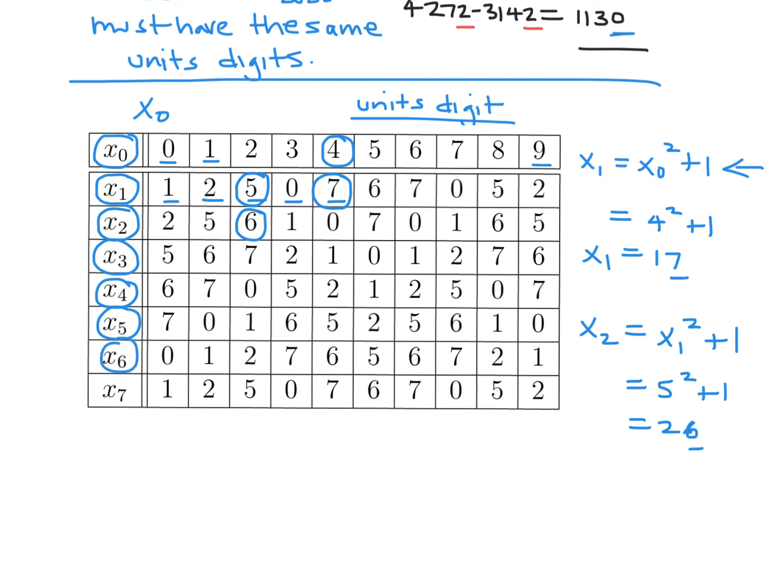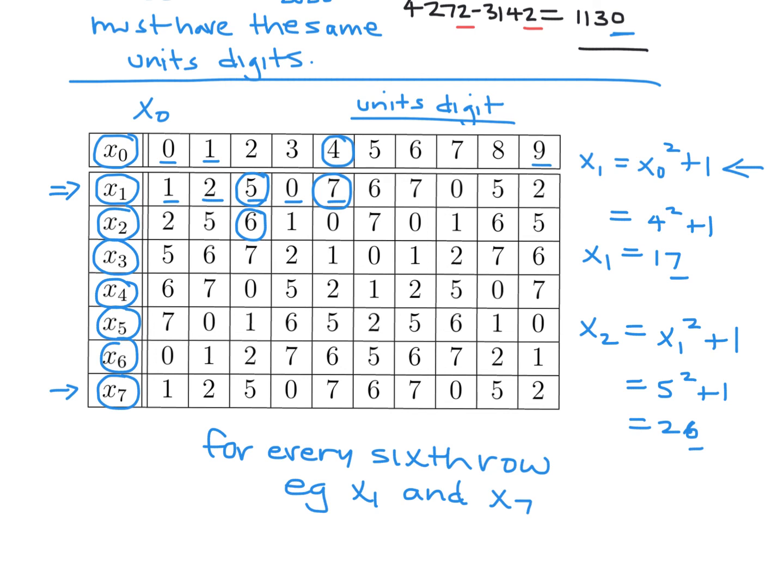One thing you should notice is that all the units digits for x1 are identical to all the units digits for x7. Those two rows are identical. Hope you can see that. So that basically means the units digits repeat every 6 rows. Example, x1 and x7. If two terms are 6 apart, they will have the exact same units digits.